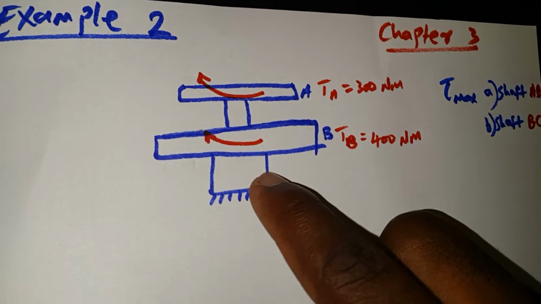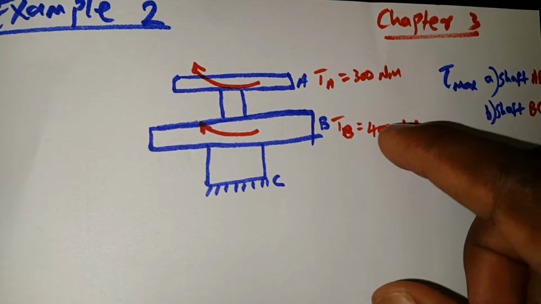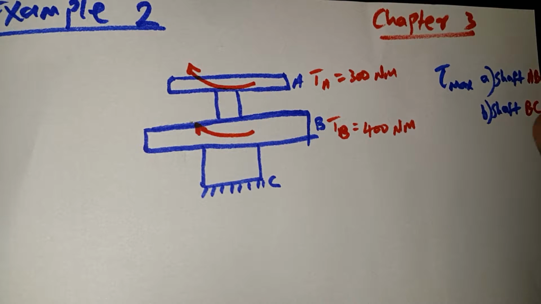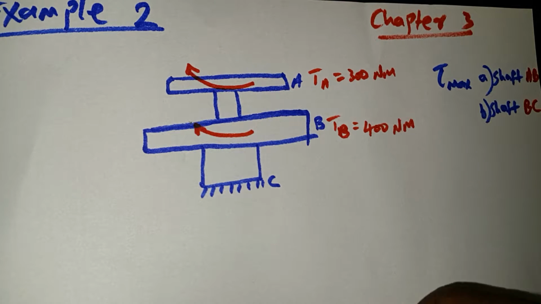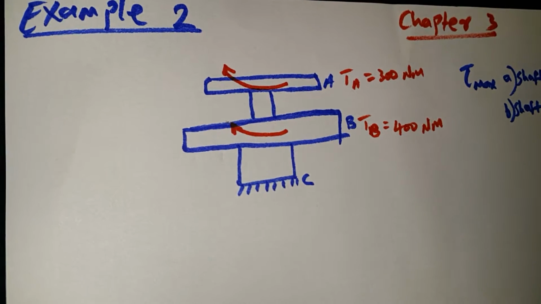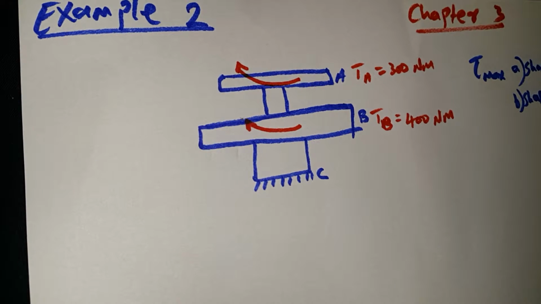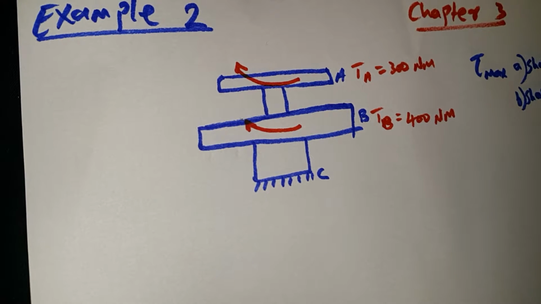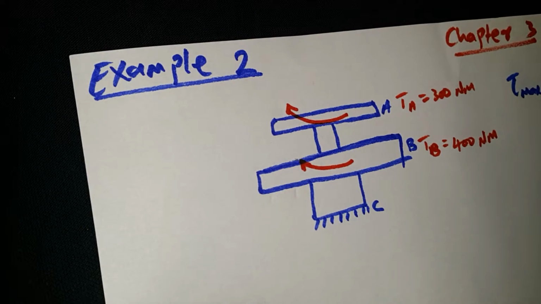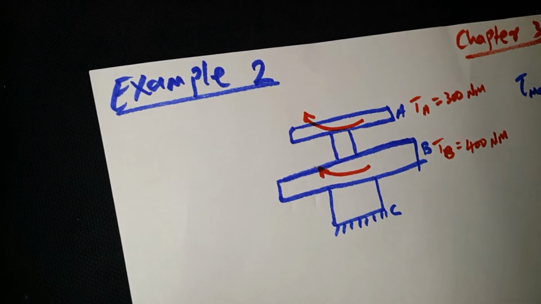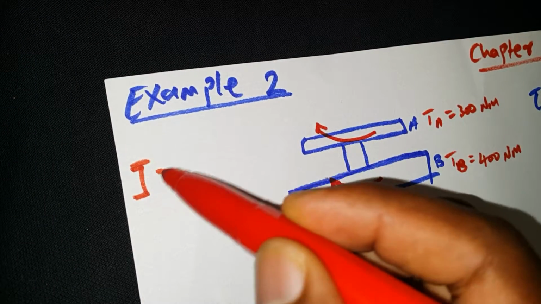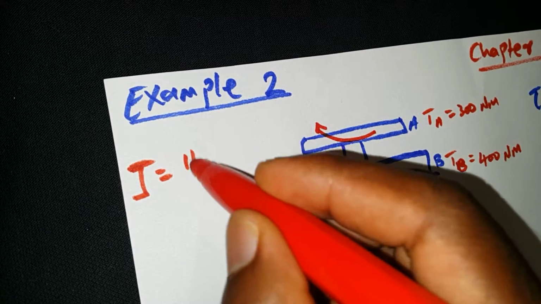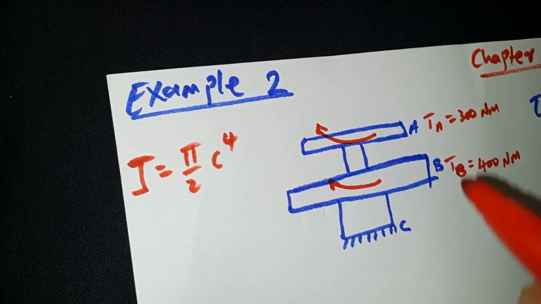In the first video of chapter 3, I told you there are 3 main important formulas we need. Here we will use the same formulas, and I'm sure we still remember them, because these are the formulas we are going to use in this chapter. One formula is J equals pi over 2 c to the 4.